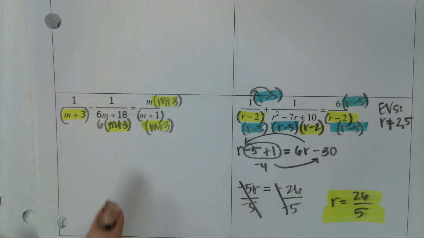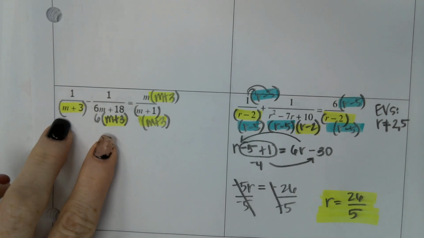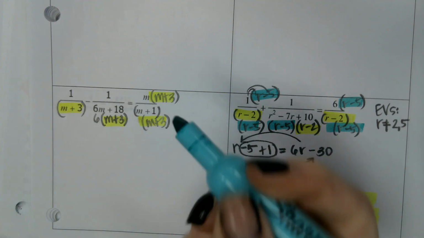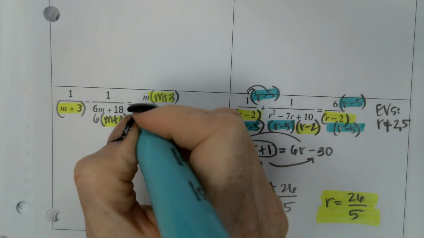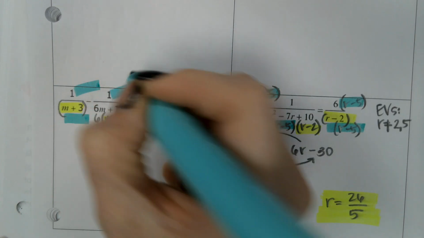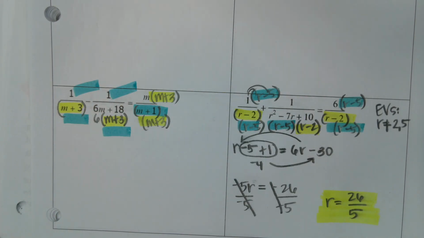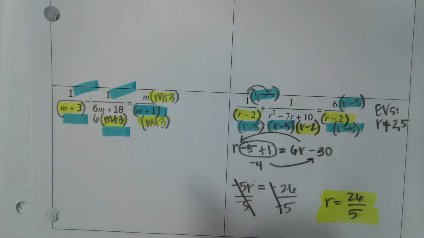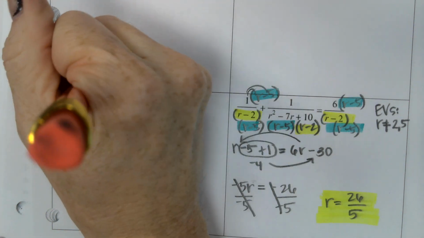Okay? Now, what am I missing on these two? The m plus 1. Now, you got to do that for both of them because neither one of those has the m plus 1. Okay?